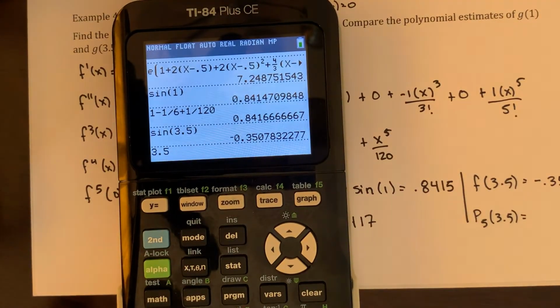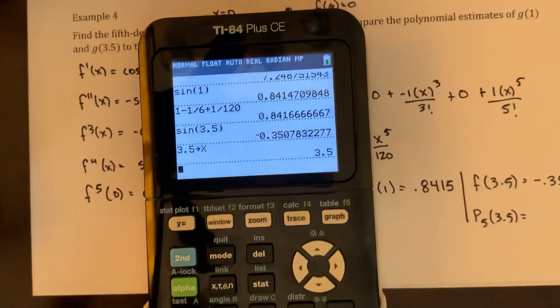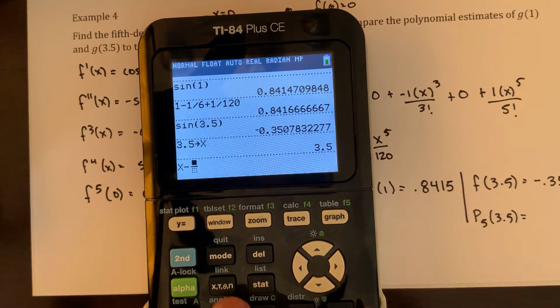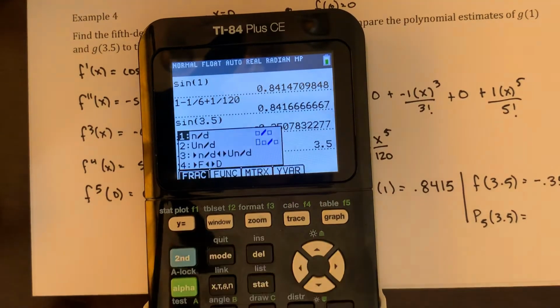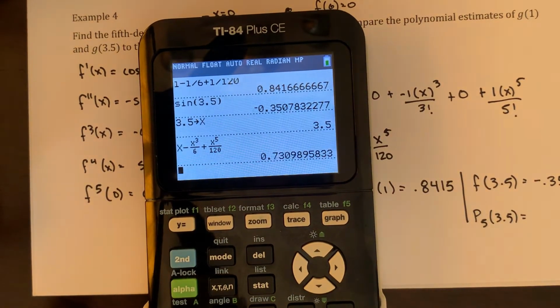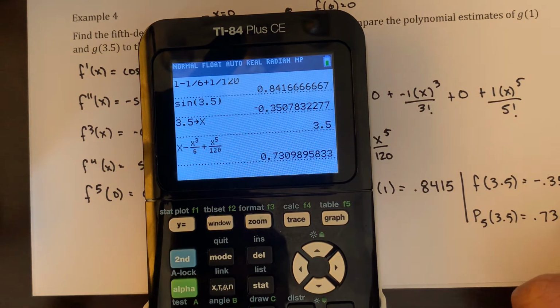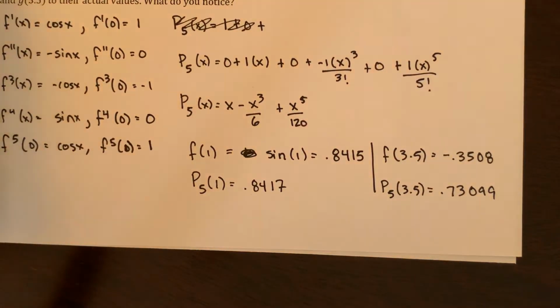So we're going to store 3.5 as x, and type in our equation: x minus x cubed over 6 plus x to the 5th over 120, press enter, and we get 0.73099, we'll say. So there's a pretty big disparity in those two values.